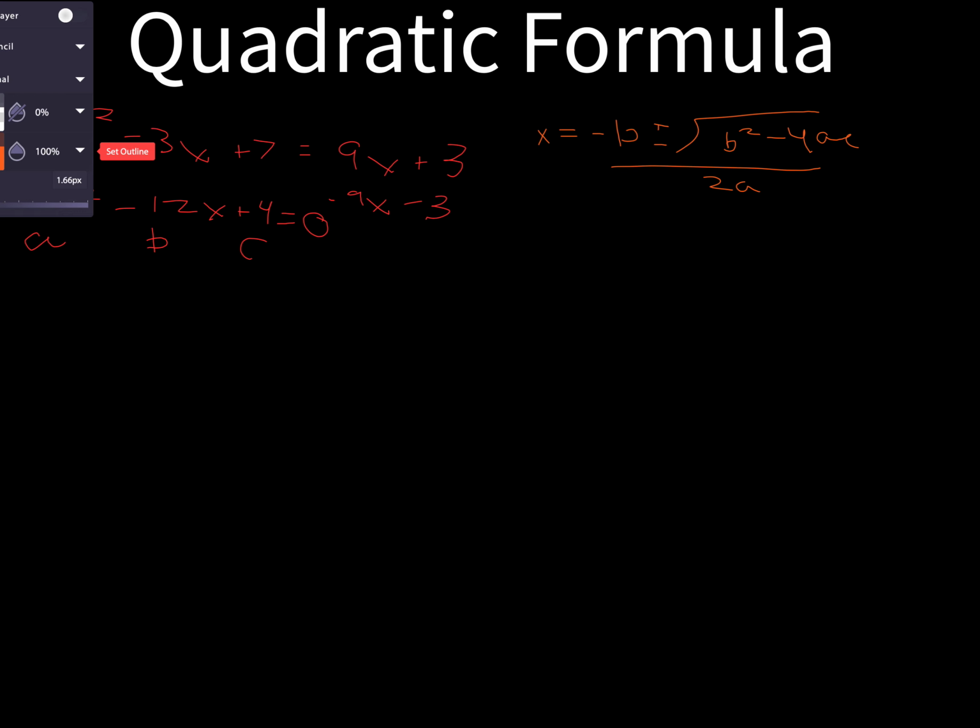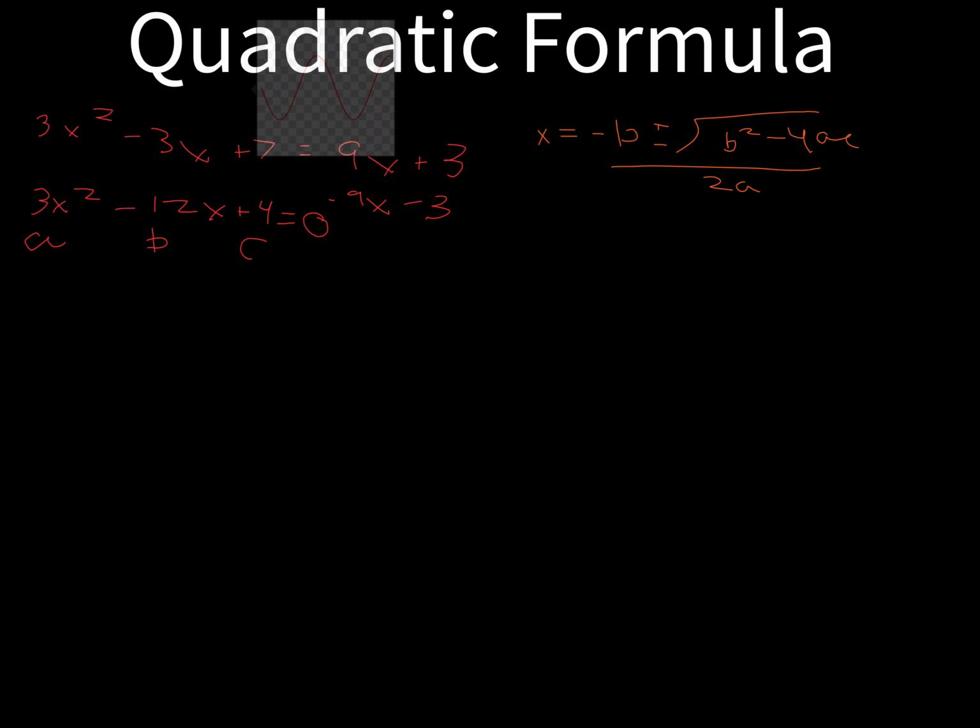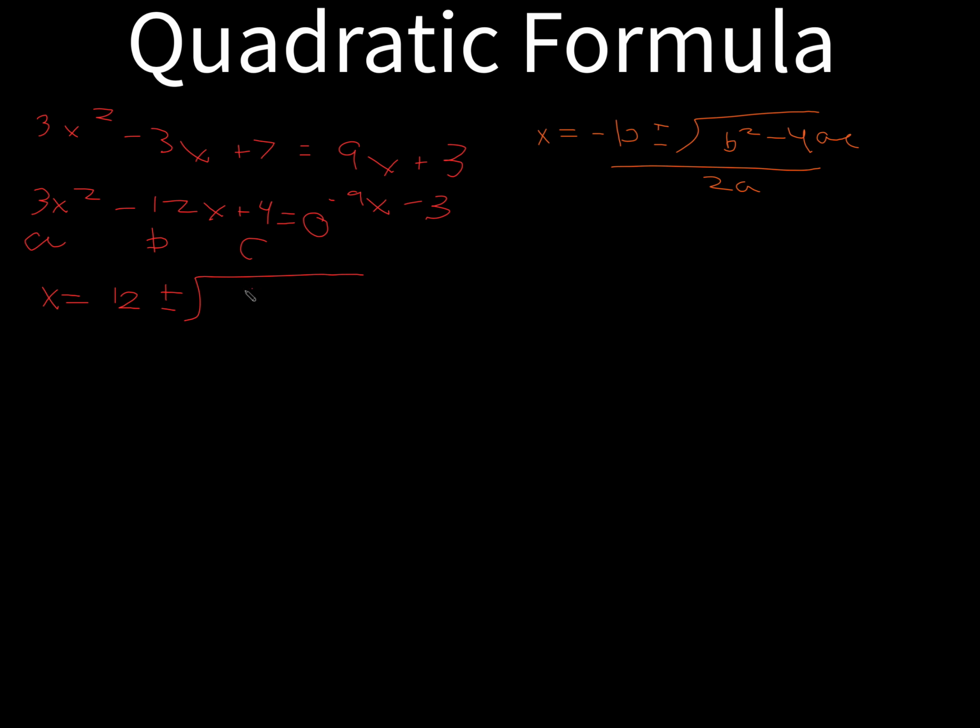Now switching back into my red, we're going to go ahead and keep solving. Setting x equal to negative b. Since b is already negative, it's going to be positive 12 plus or minus the square root of negative 12 squared minus 4, our a and our c, over 2a. 2 times 3 is 6.